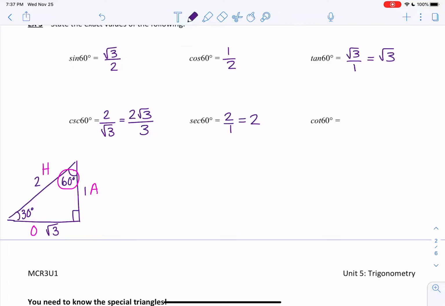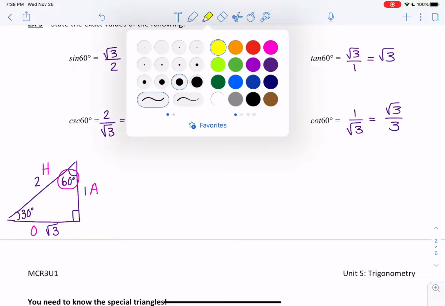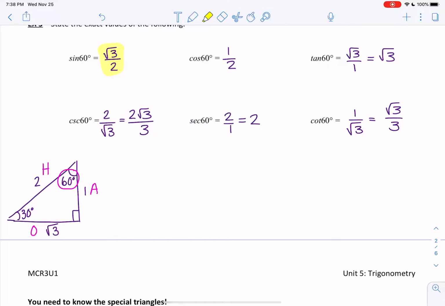And then cotangent is adjacent over opposite, which is root 3 over 3. So these are all of your special values for 60. Now we can use these values anytime I see sine 60, cosine 60. I can immediately just put this number in as the answer, and then I'll have an answer without rounding.